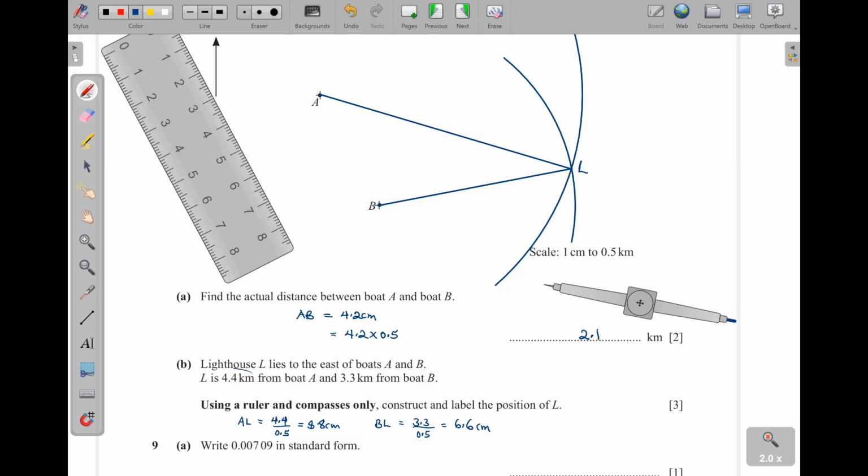I can either put it in kilometers or in centimeters. Okay, so we can put this one as 4.4 kilometers, and BL is 3.3 kilometers.